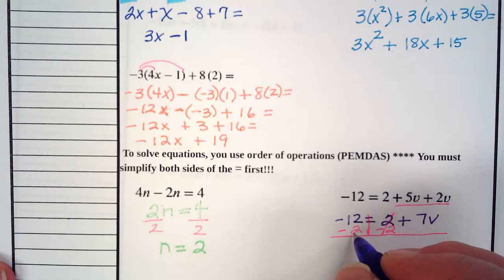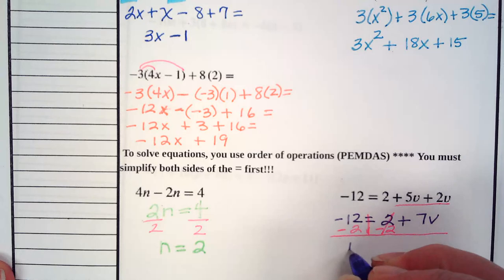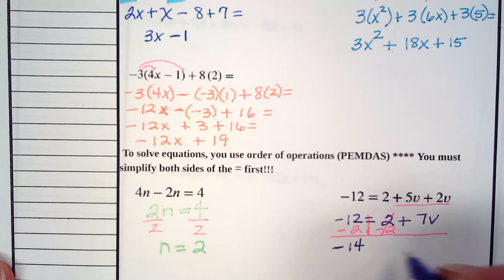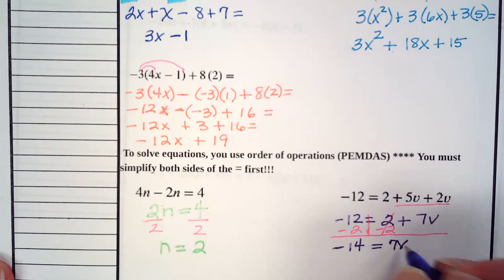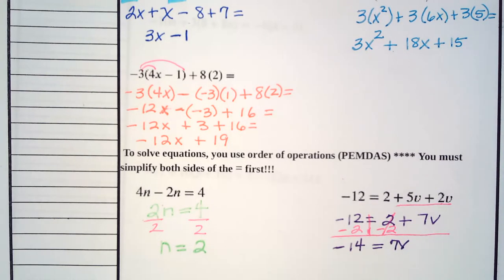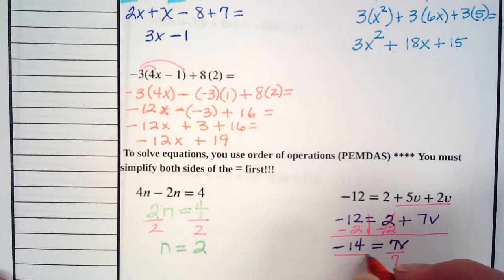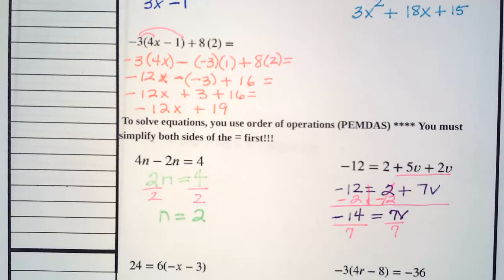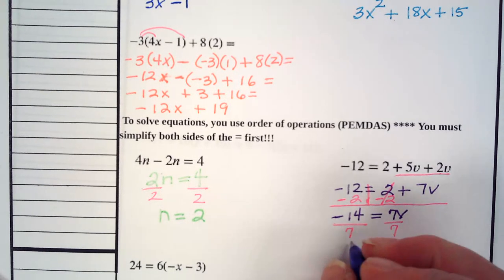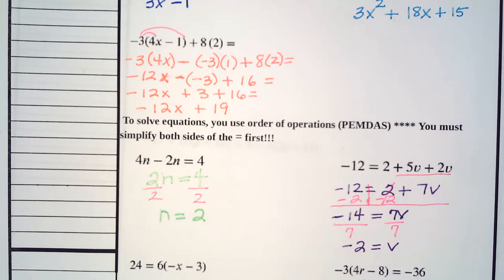Negative 12 plus negative 2 more. They're both negatives, add them together. 12 plus 2 is 14. Put the negative out front. Equals 7v. Last step. Divide by 7. Negative 14 divided by 7 is negative 2, and that is equal to v.